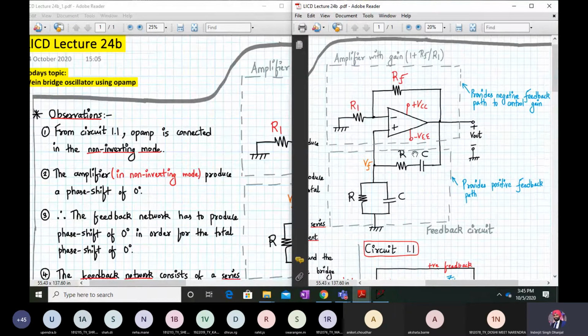As I've already informed you, whenever we have two RC elements, one in series and one in parallel, their phase shift cancels out at the frequency of oscillation. So the feedback network also provides a 0-degree phase shift. Hence the total phase shift around this loop is 0 degrees, so one of Barkhausen's criteria is satisfied here.